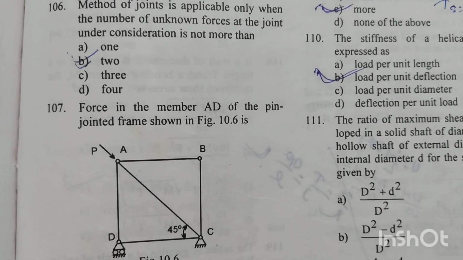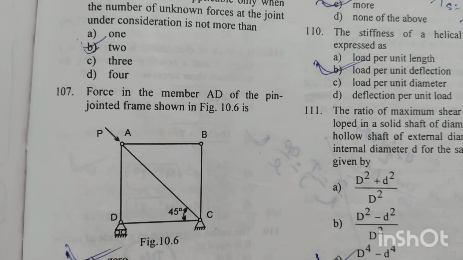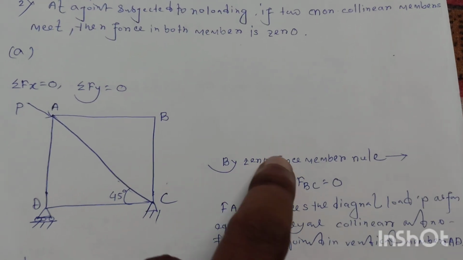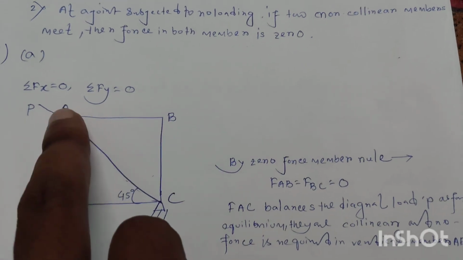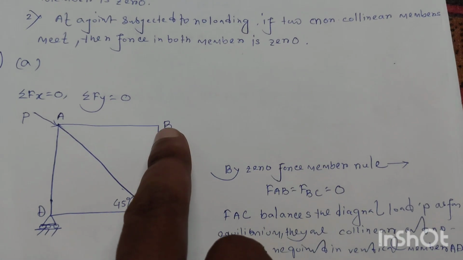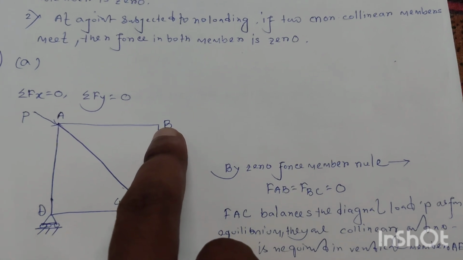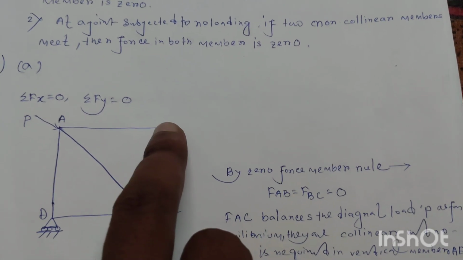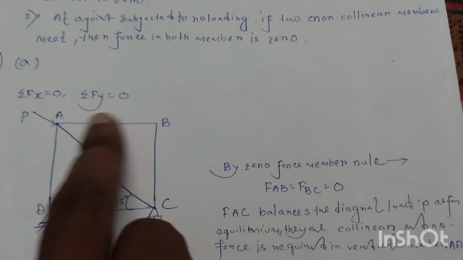107. Force in the member AD of the pin jointed frame shown in figure 10.6 is. By zero force member rules, the force in member AB and the force in member BC are equal to 0, because at joint B there is no loading, and by the zero force member rule the force in both members is 0.